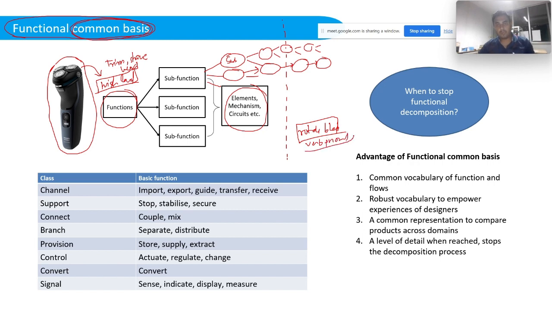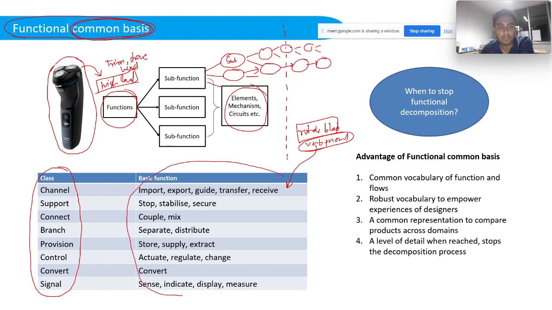So when you reach this verb, there are a set of classes defined for representing some of the basic verbs that define the functions. So at this stage, when you break down a function to sub functions, which is something like this, import.